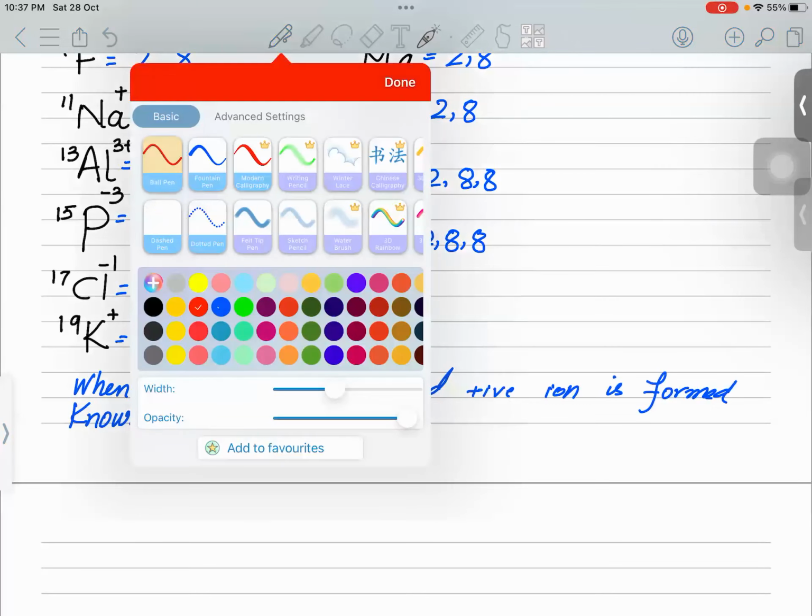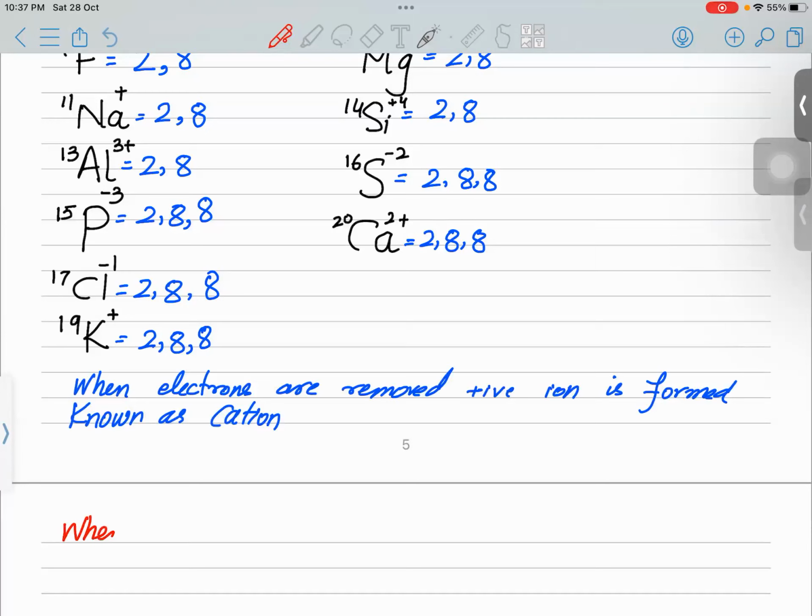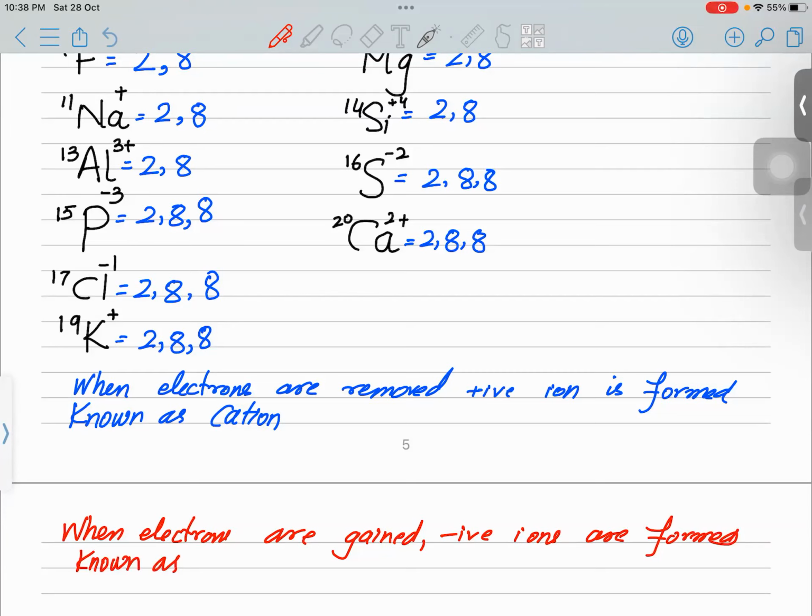Similarly, when electrons are gained, negative ions are formed, known as anions.